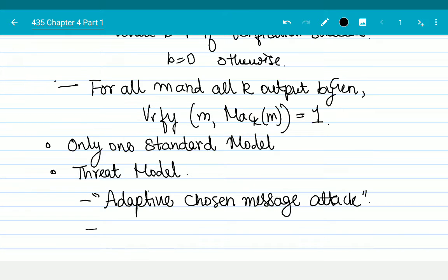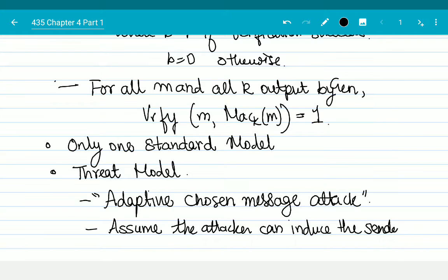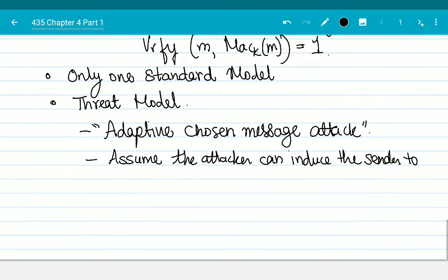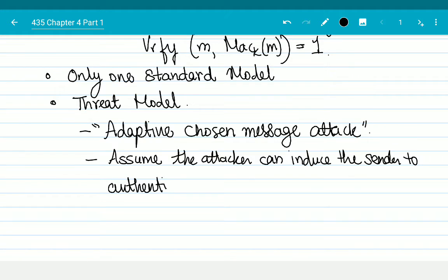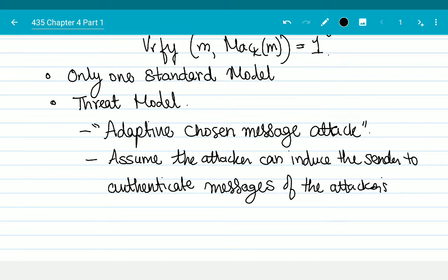It assumes that the attacker can induce the sender to authenticate messages of the attacker's choice.